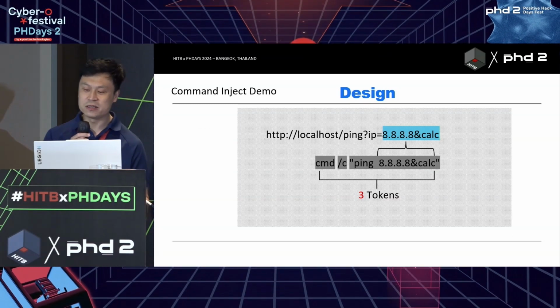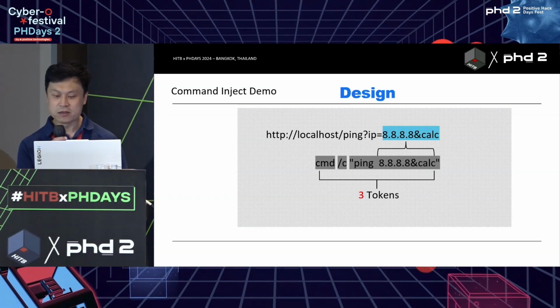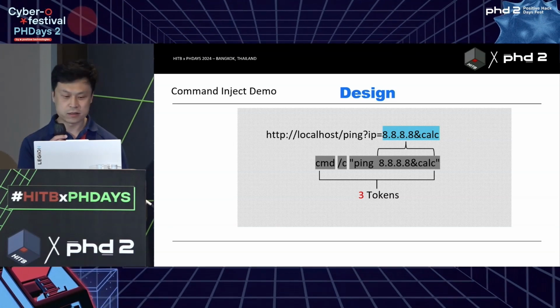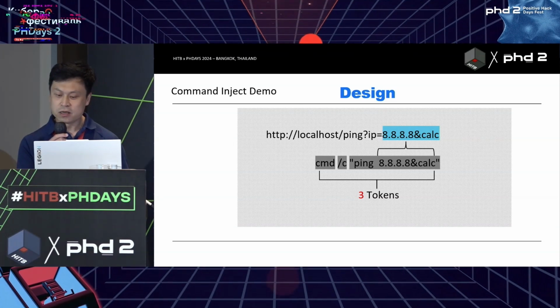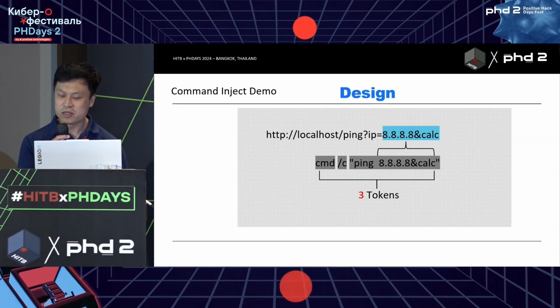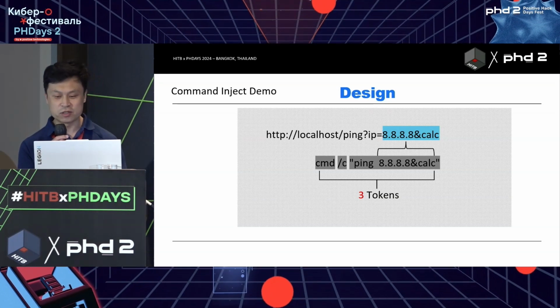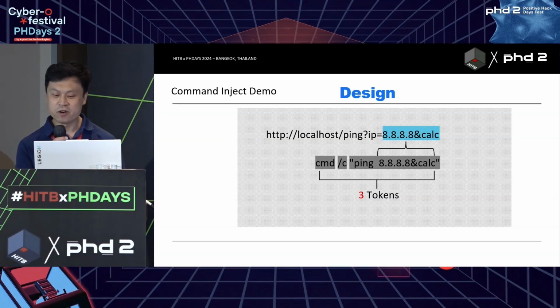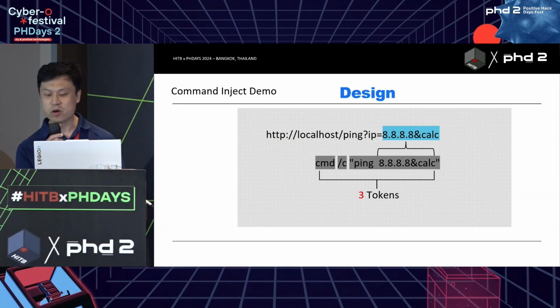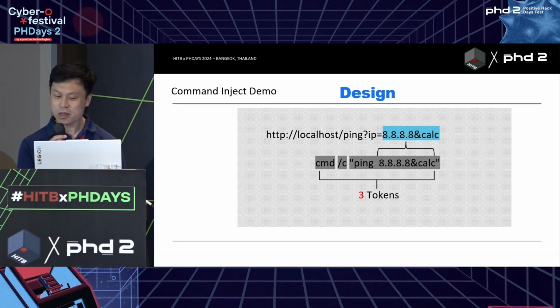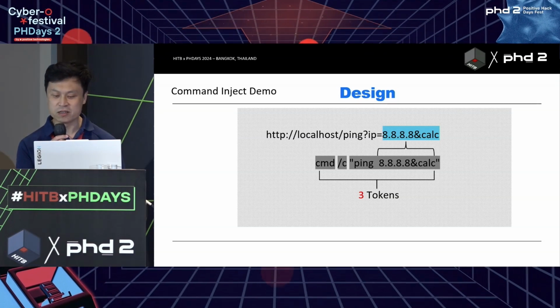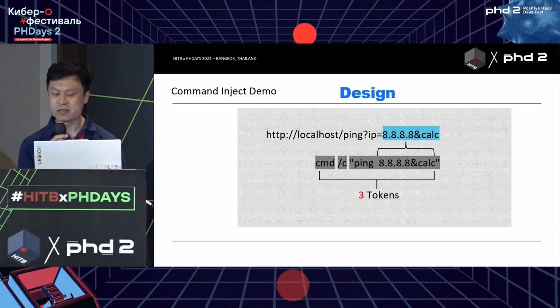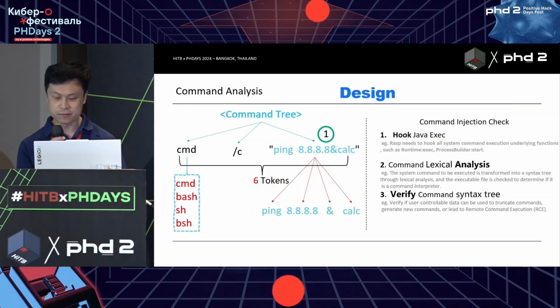We performed lexical analysis on the backend. In the operating system, content enclosed in quotes is treated as parameters. Therefore, after the lexical parsing here, we obtain 3 tokens with no additional tokens added. Yet the hacker can still succeed in their attacks.